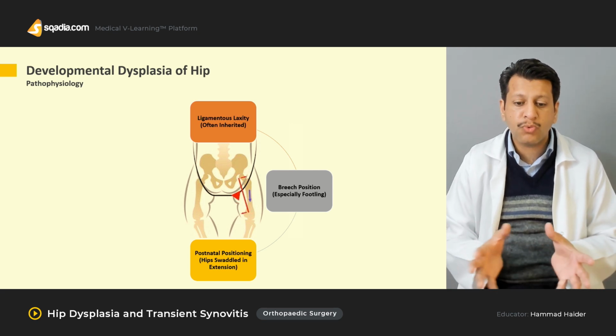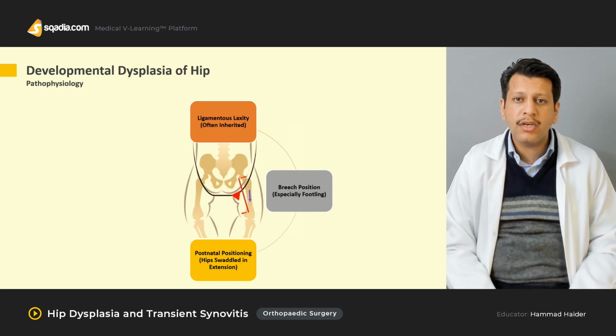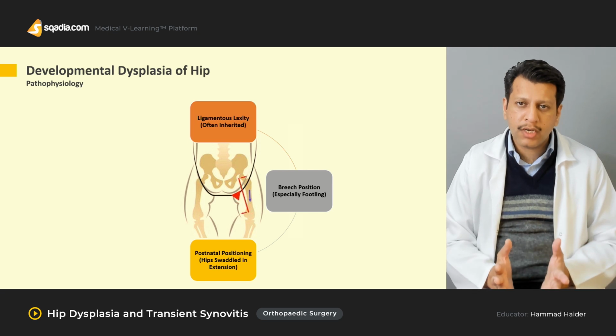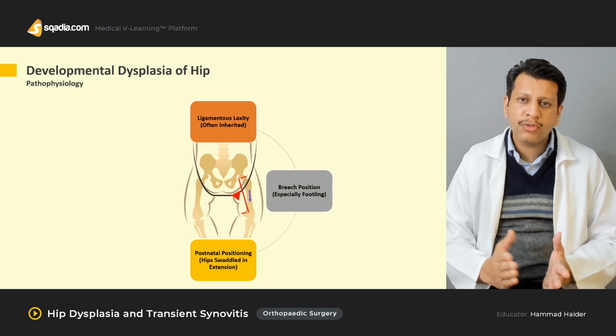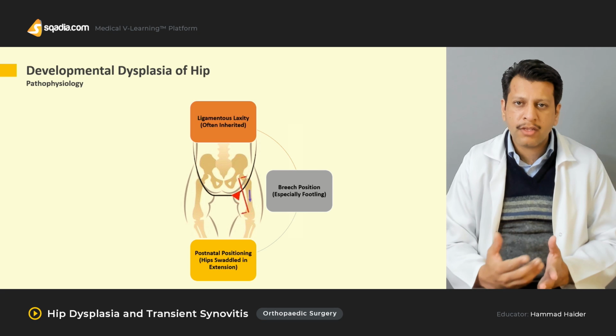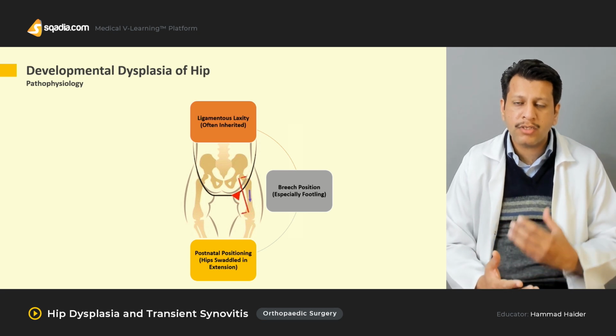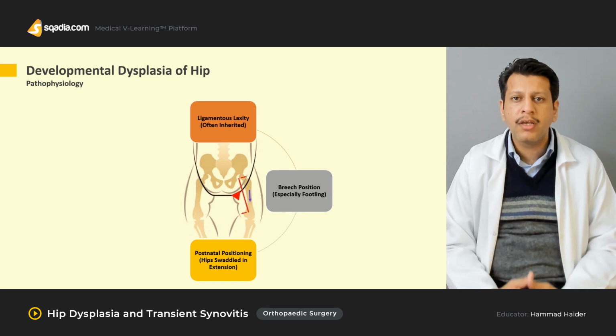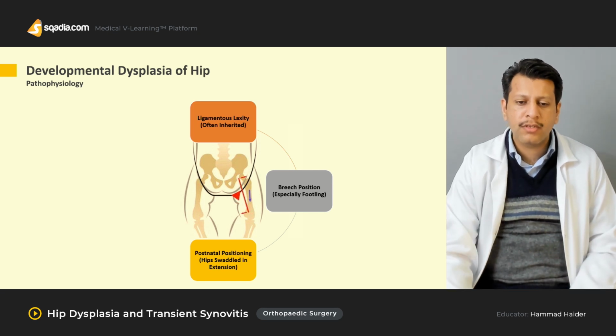In this, the hips are swaddled in extension. This leads to increased dysplasia, because remember, it's not purely congenital. As the child grows and the muscle power develops, the pathology also develops along with age as the age progresses.